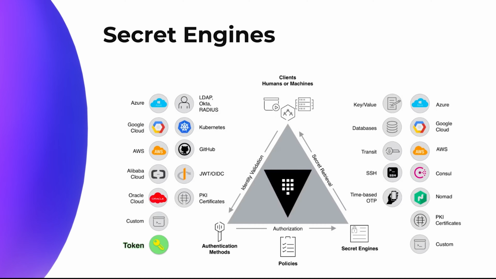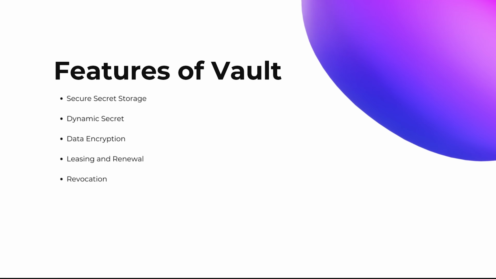It also allows us to store SSH based keys, and there are other secret engines as well, which allow you to store PKI based certificates. Now Vault has integration with various infra services as well, like Kubernetes, OIDC, LDAP, RADIUS and Okta. So all these secret engines are available on HashiCorp Vault, and we can use them to store the secrets.